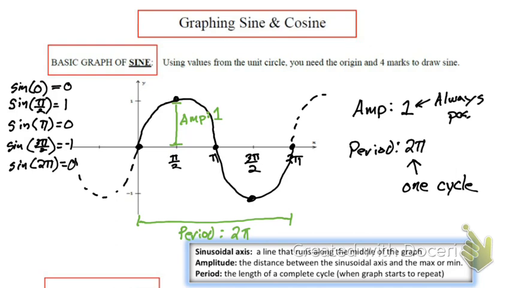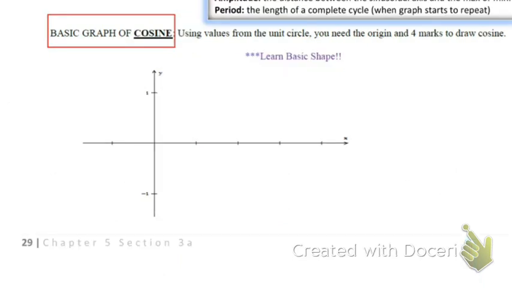Now, if you can graph a sine function, you can graph a cosine function because it looks almost identical to this graph. So let's go ahead and do the cosine function the same way we did the sine function by graphing points. So we're going to do the cosine of 0, the cosine of pi over 2, the cosine of pi, the cosine of 3 pi over 2, and finally, the cosine of 2 pi.